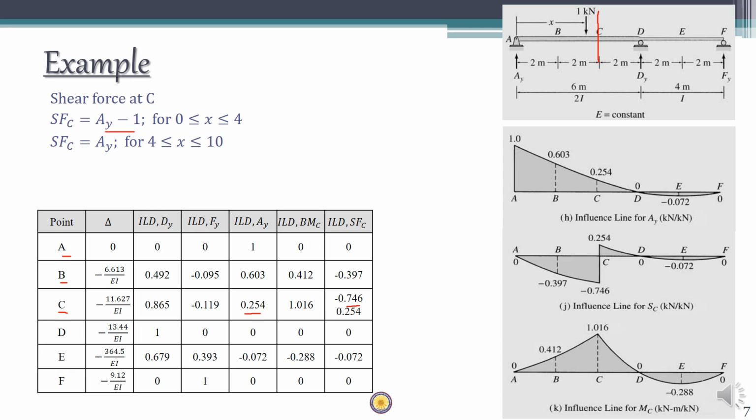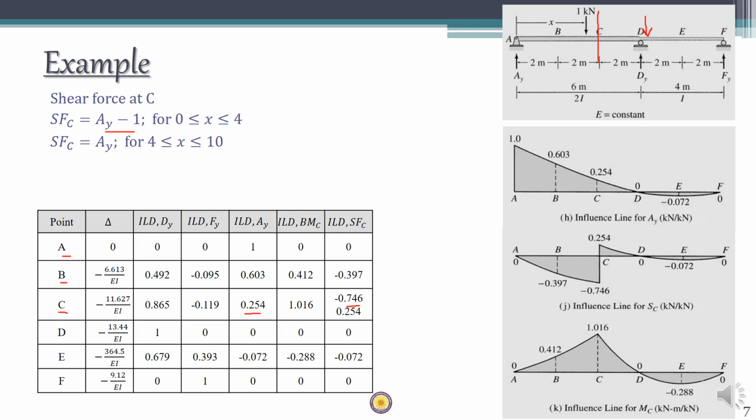When the unit load crosses C, let's say the unit load is somewhere here, which means that the unit load has already passed the point C. If you now check the left hand side, you can find only one force, which is ay.